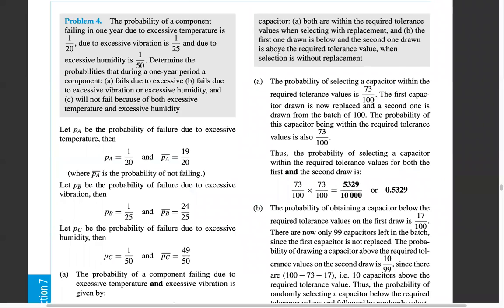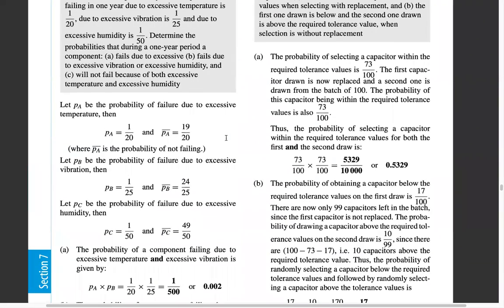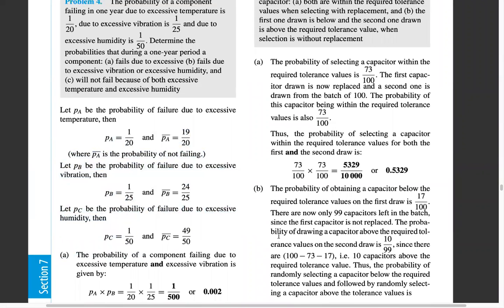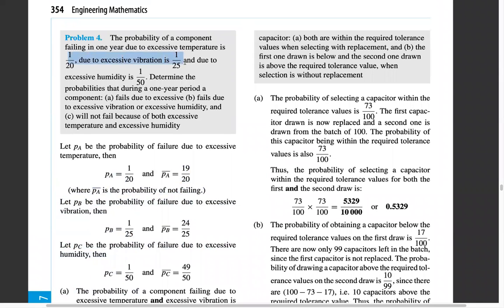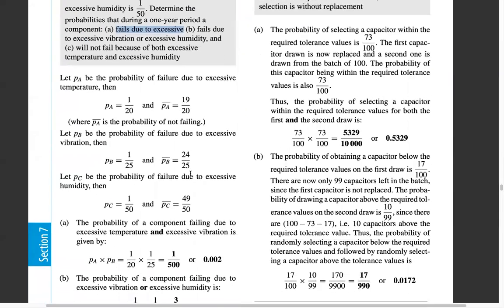This question here talks about failure due to temperature, vibration, or humidity. We have different probabilities for devices failing, and they want to find the probability. I'm not sure what this one is, fails due to excessive... I don't know if it's temperature, vibration, or humidity for that question here.